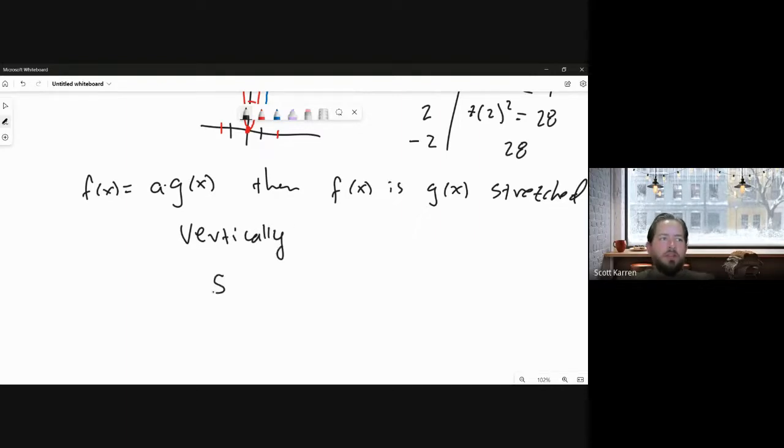And again, it's a stretch, meaning it's been pulled and elongated if a is greater than 1, right? But if a is less than 1, what's going to happen? Let's find out, right?